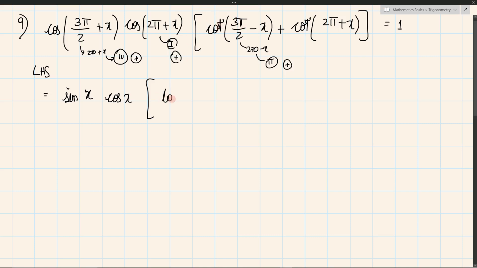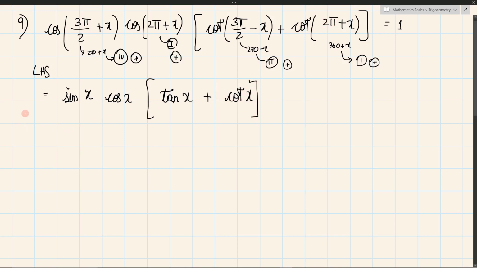Since we have pi by 2 form, cot will be converted to tan. So we have tan x plus, we have 2 pi plus x. 2 pi plus x is nothing but 360 plus x, so this is in the first quadrant. In the first quadrant all functions are positive, so there will be no conversion of cot to tan. So we'll have plus cot x, right?